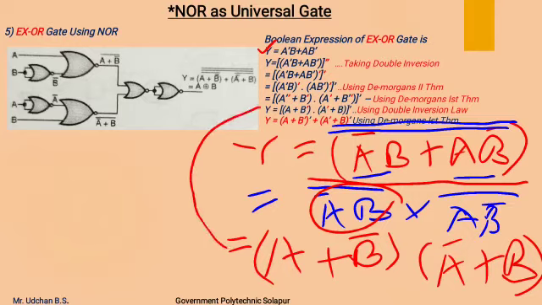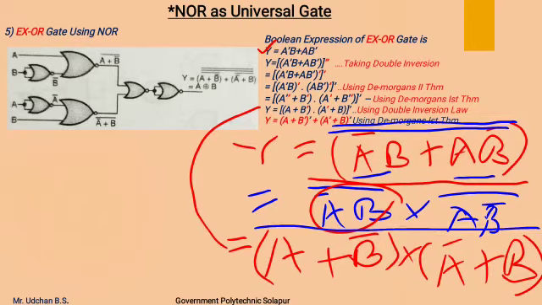Now there is a ANDing operation in between these two terms, and there is one more complement. I will solve that complement so that this ANDing operation can be converted into a OR operation. If I solve this complement, I will get the final expression like this.